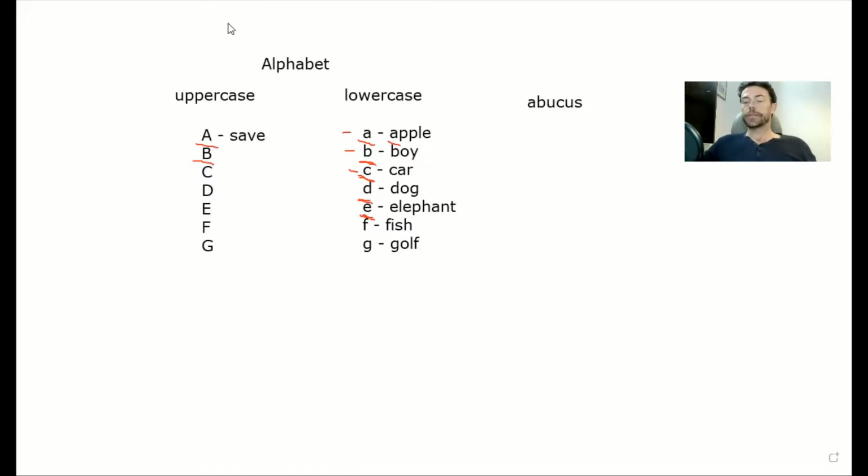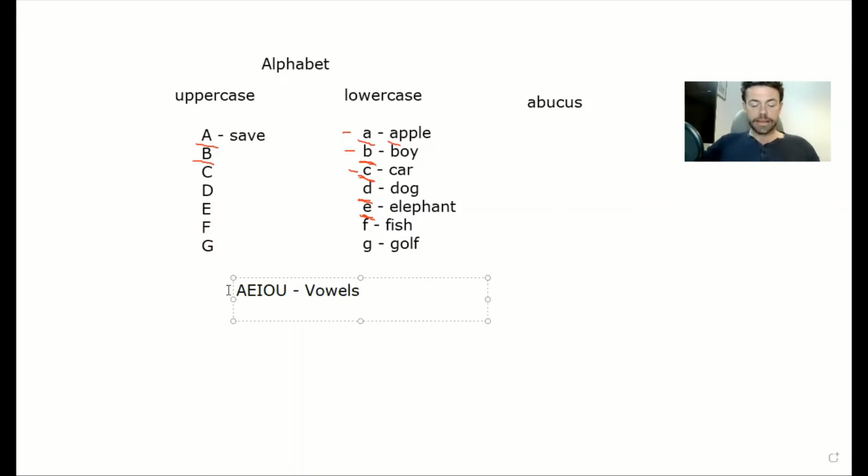Okay, now that we understand that there are two alphabets in English, let's talk about these very important groups of letters. A, E, I, O, and U. Now, in English, we call these letters the vowels. The vowels, okay?